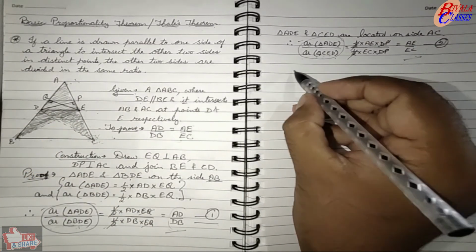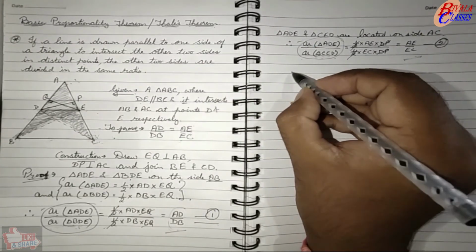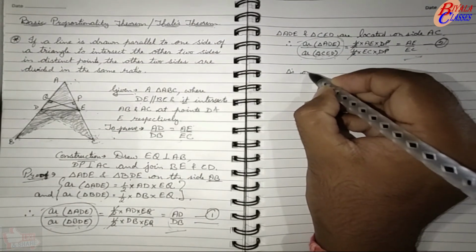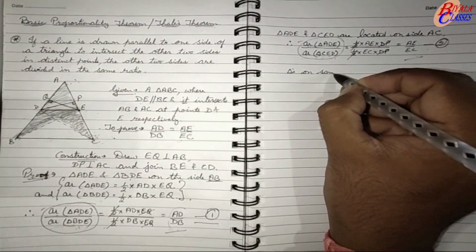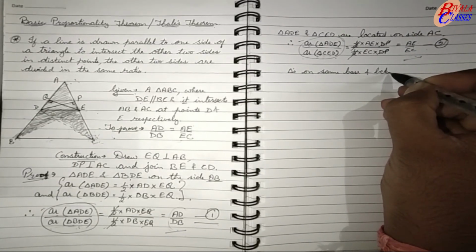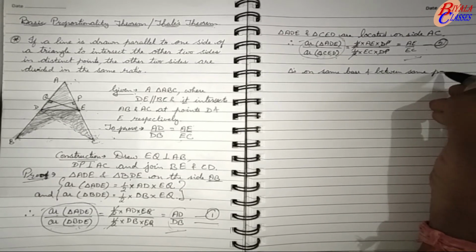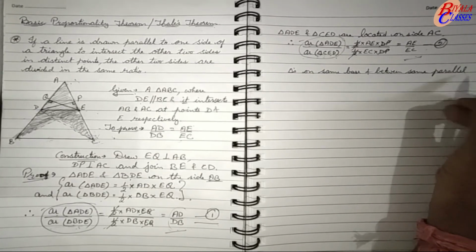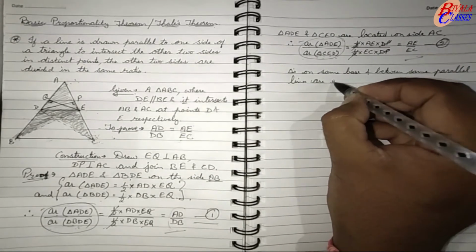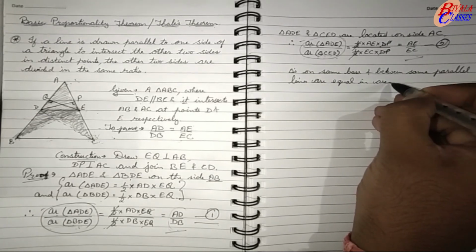And if you recall the theorem from class 9, you have studied that triangles on the same base and between the same parallel lines are equal in area.